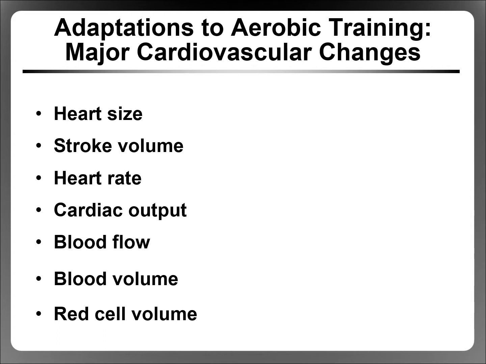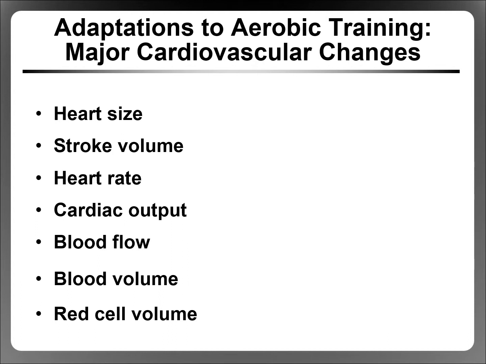So the major adaptations to aerobic training. When we're looking at the cardiovascular system, typically we will see an increase in the heart size, particularly at the left ventricle. So exercise-induced left ventricular hypertrophy. You will also see an increase in stroke volume because these individuals can more effectively pump out blood with each heartbeat, again, due to that left ventricular hypertrophy.